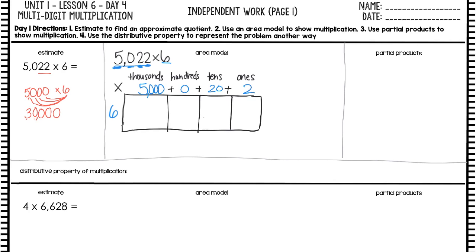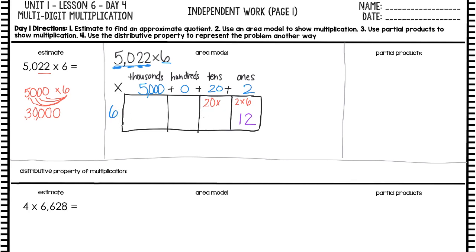Let's start in the ones place. We're going to start by multiplying 2 times 6. Then we're going to say, okay, I know 2 times 6 is 12. Then we will multiply the 20 in here times 6.